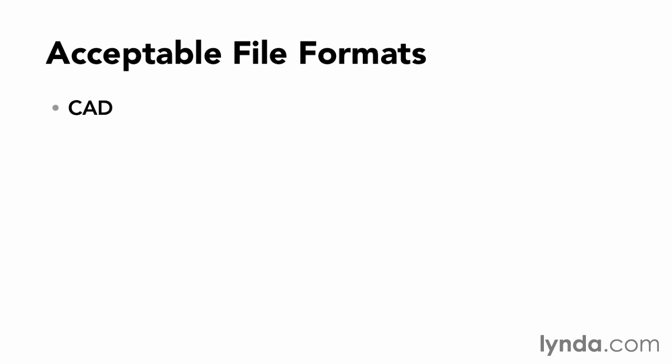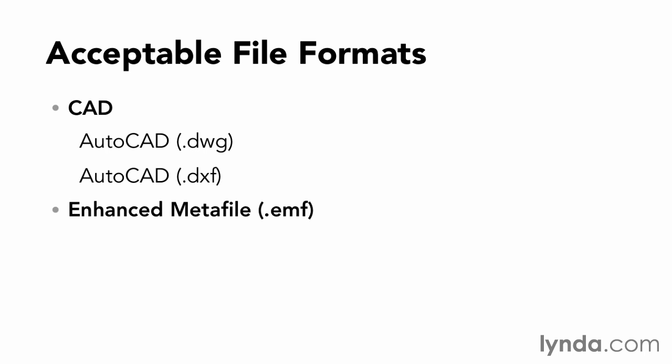And from Illustrator, you can actually export out an AutoCAD DWG file or drawing file, or perhaps even a DXF file. Other acceptable formats would include the Enhanced Meta file or EMF file, and a Windows Meta file or .wmf file. So let's take a look at how we can export these file types directly from Illustrator.